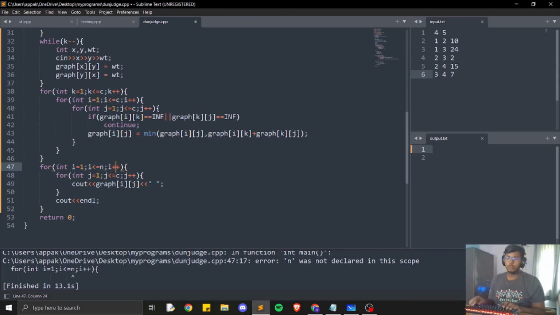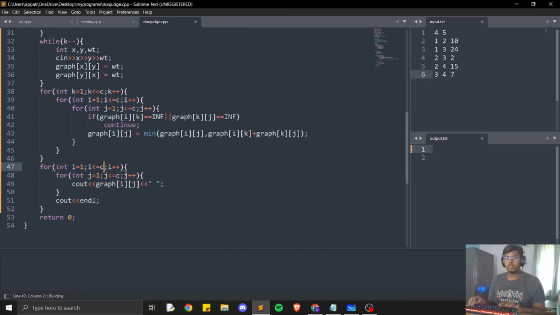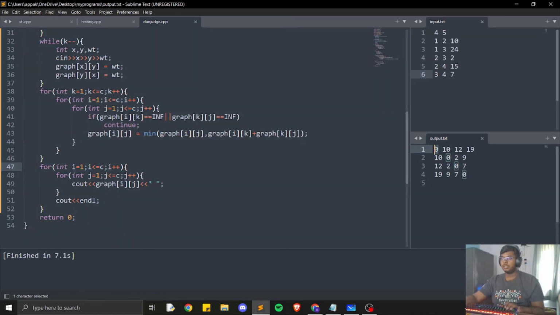Here it would be c actually, because c is the number of nodes. And see here, we have all the shortest paths between any two pairs of nodes. The shortest path between 1 and 1 is 0, between 1 and 2 is 10, 1 and 3 is 12, and 1 and 4 is 19.